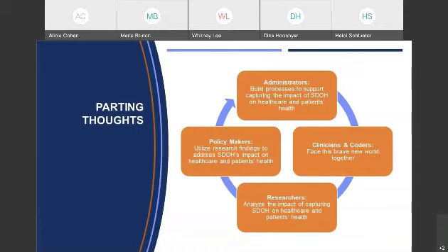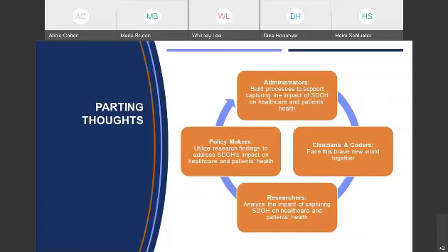Hooshyar. Thank you. So our parting thought is that we are all in this revolutionary moment together, meaning we need to unlearn what we've been taught for around 300 years, that social determinants of health can be documented and coded as the primary diagnosis for outpatient visits. These changes will require administrators to build processes that support the capturing of the impact of social determinants of health on patients' health and care, and clinicians and coders at the facility level will need to face this brave new world together.